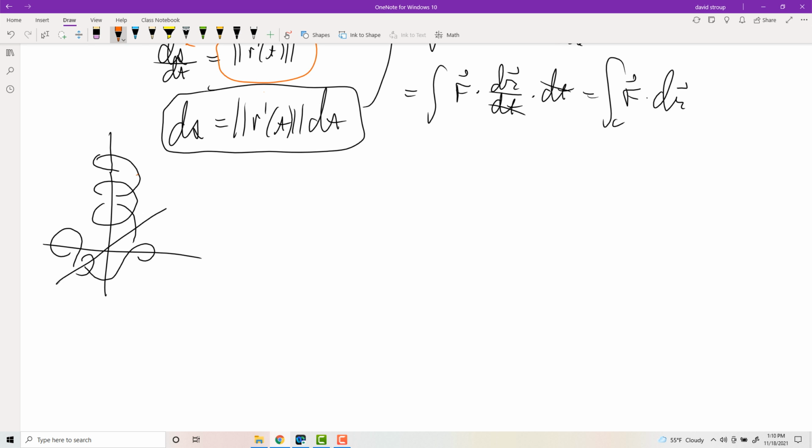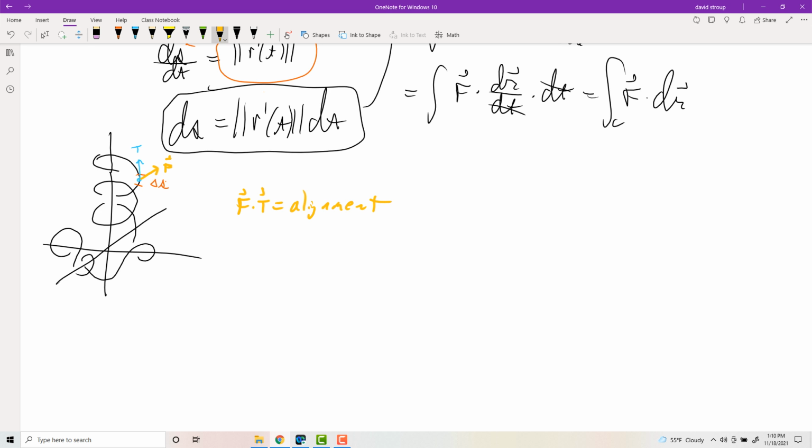So what we're doing is cutting this curve up into a bunch of ds segments, or delta s arc length segments, and then we're considering the alignment between the tangent vector and the force field vector. So in this space, there exists a vector at every point. In particular, at that one point on the curve, there's going to be a force field vector. Maybe put it in yellow. And what that integral is doing, because it's a dot product, this f dot t represents the alignment between these two vectors.